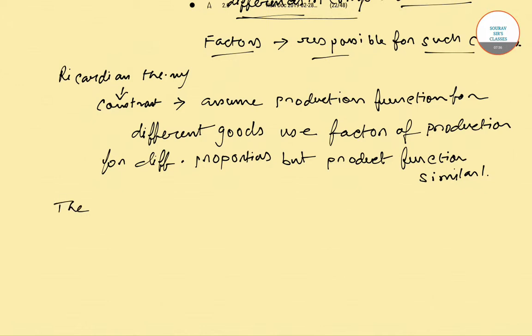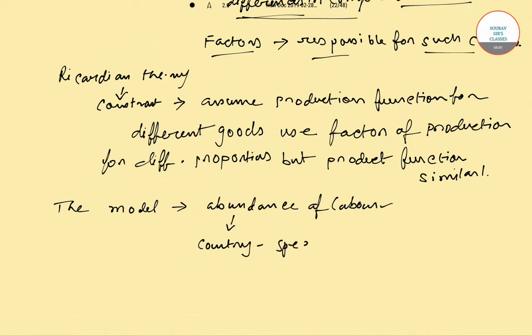The model shows that a country which has an abundance of, for example, labor, will specialize in the production and export of goods which are relatively intensive in the use of labor.